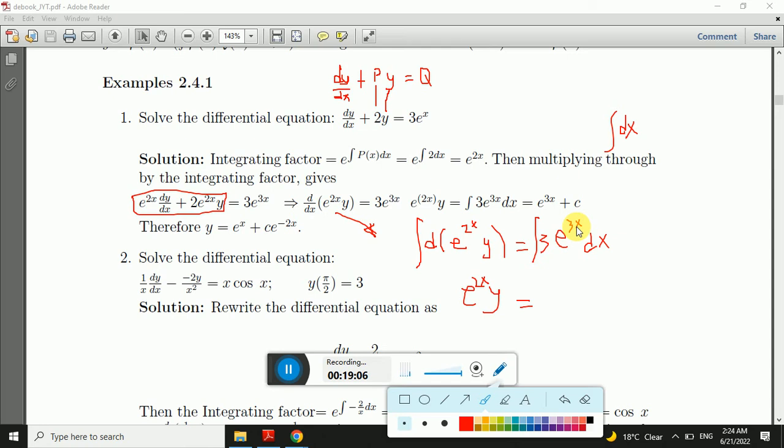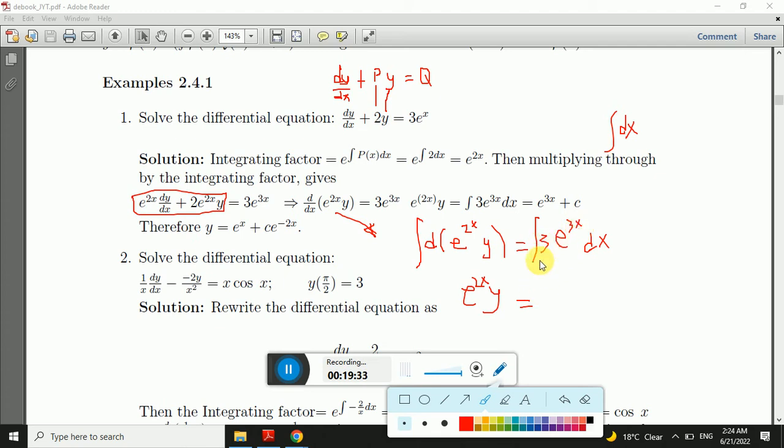By now, I'm very sure you know how to integrate. How do you integrate an exponential function? You first differentiate the power. When you differentiate 3x with respect to x, that is 3, and then you divide by the differentiated power.